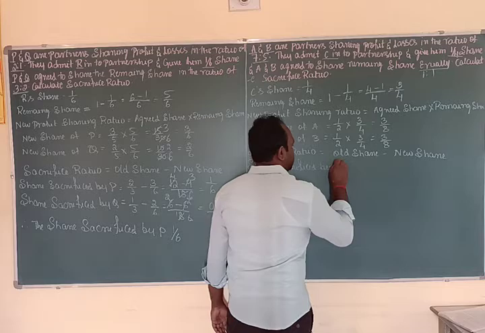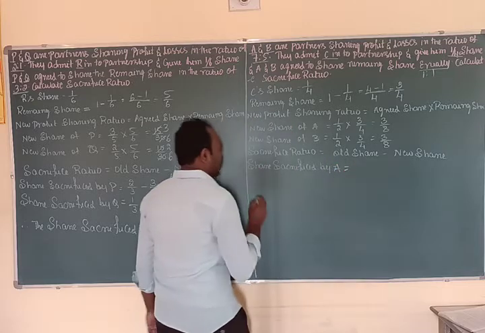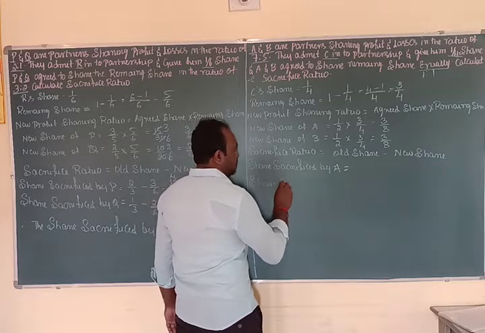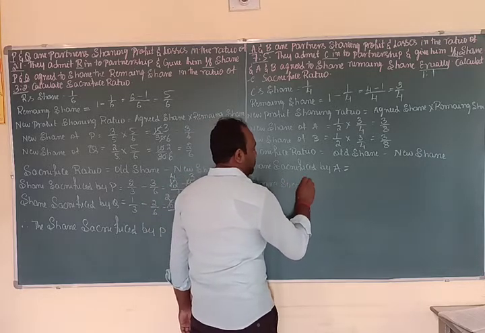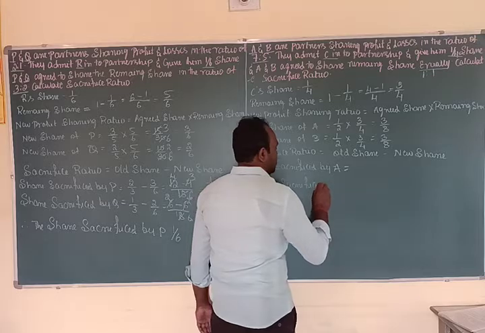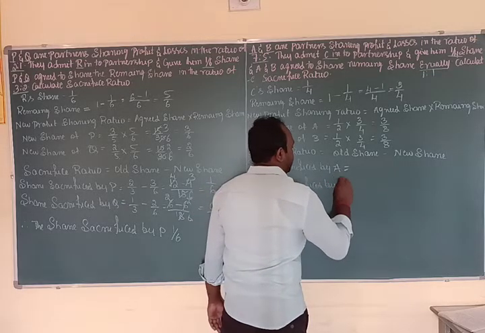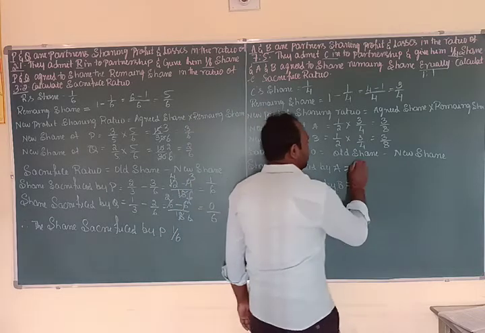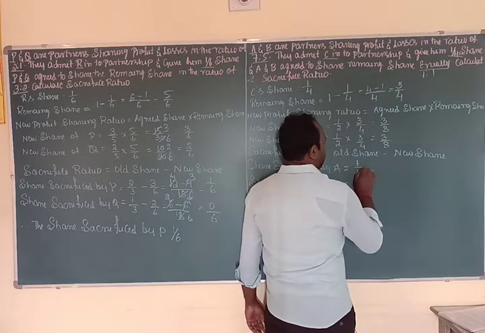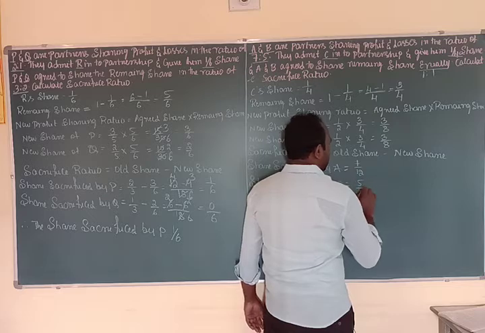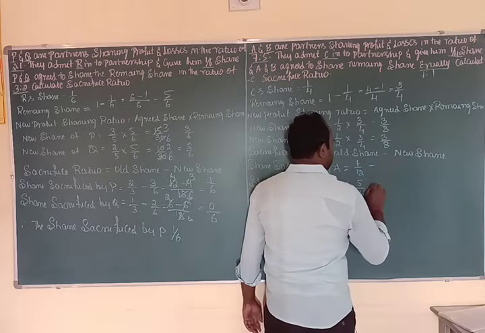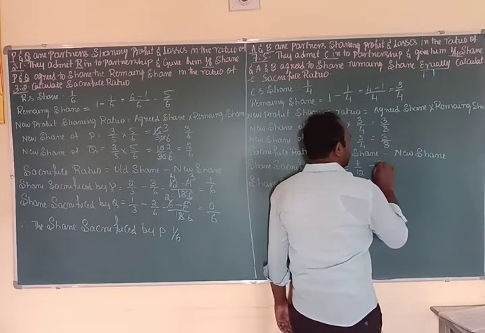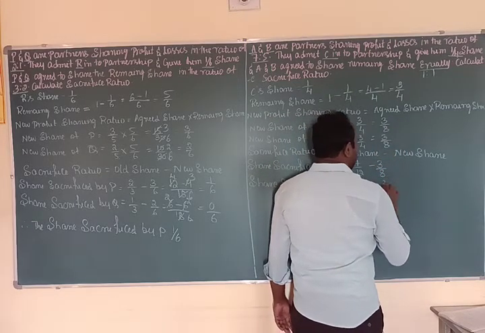Share sacrificed by A, next share sacrificed by B. In this case, we take the old ratio 7:5, that is 7/12, 5/12, minus the new share 3/8, 3/8.